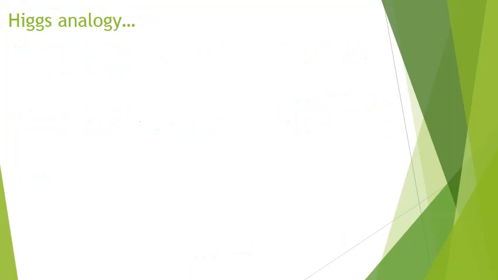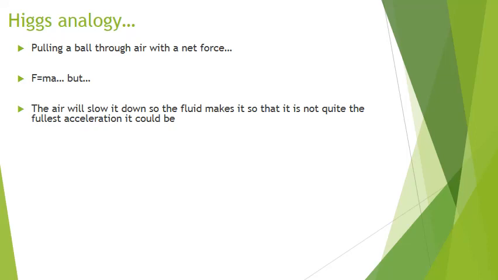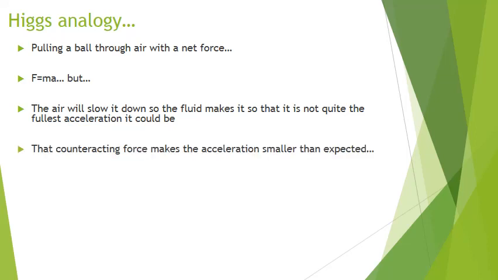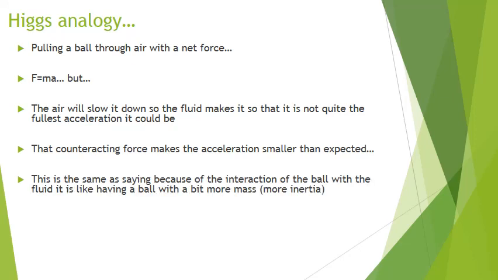Now, this analogy hopefully will be helpful for you as you try to picture this. Let's say you're pulling a ball through the air with a force. We know F equals ma, right? But we know that air is a fluid and it makes it slow down, so it can't be quite as fast as it normally would be. So that counteracting force makes the acceleration smaller than we expected, and that's kind of like if we had a ball that had more mass but we didn't have air resistance.